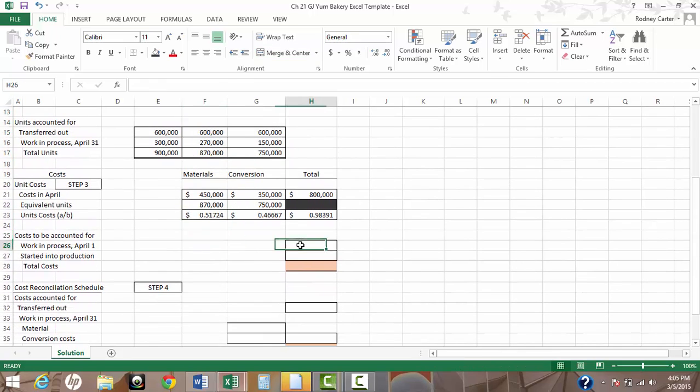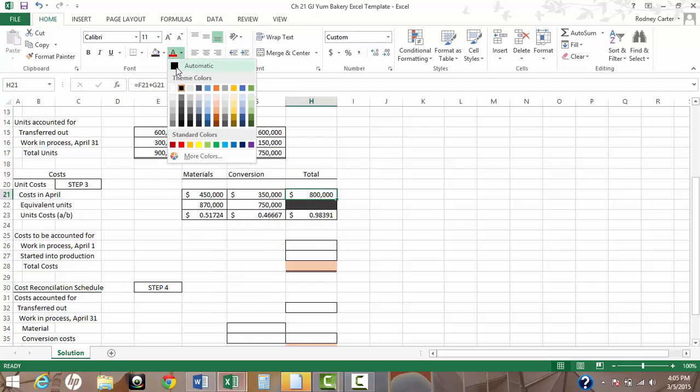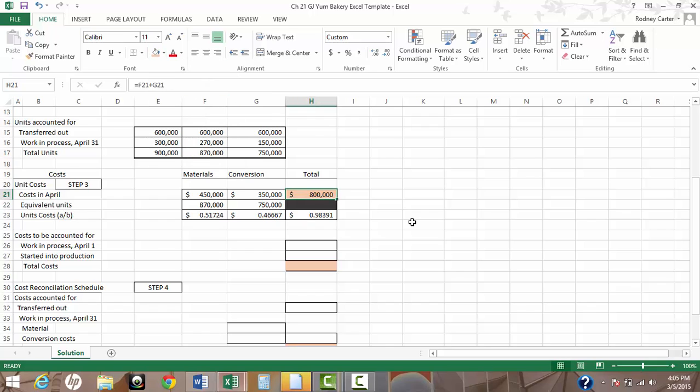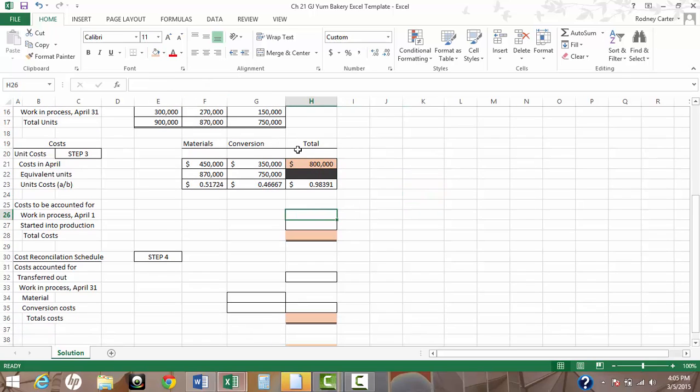Okay, down here, all we're going to do is somewhat of a reconciliation of the costs. You'll say that we have 800,000 here. I'll shade it. I'll also shade this cell. And then here, what was our work in process? Dollars. And how do I know it's dollars? Because it says costs. At April 1, my costs were $200,000 plus 150,000 plus 50,000, 200,000.